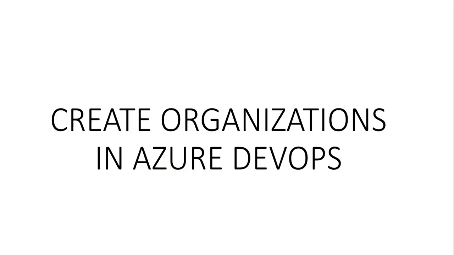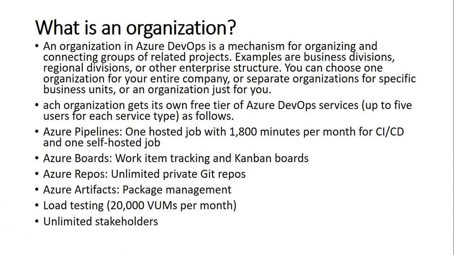Let me just log onto the portal now and take it from there. Okay, so before we proceed further, let me tell you a bit about what an organization is in terms of Azure DevOps. An organization in Azure DevOps is a mechanism for organizing and connecting groups of related projects. Examples are business divisions, regional divisions, or other enterprise structures. You can choose one organization for your entire company or separate organizations for specific business units.